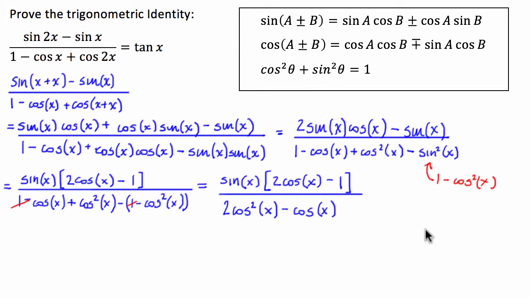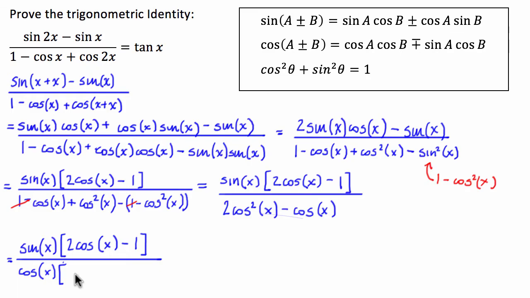Now, the more astute viewer will be able to see where I'm going to go from here to tan of x, but for those of you who can't see straight to the end, I'm going to factorize my denominator now. Cosine of x, 2 cosine of x take 1. Now, this is the most satisfying part of the problem.